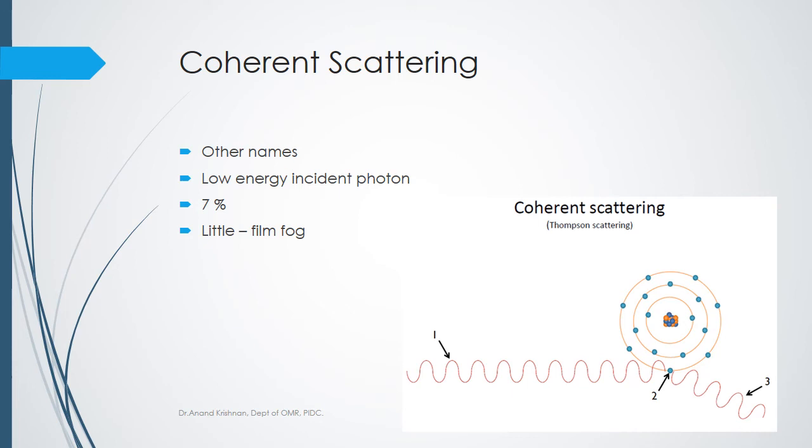So one of them is coherent scattering, and it generally causes film fog, and this is the one which we tend to filter out. This is why we use a filtering device to filter out all these low energy photons.